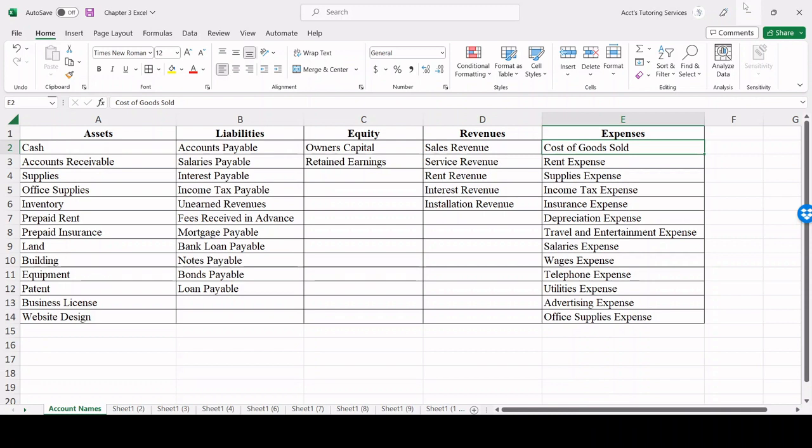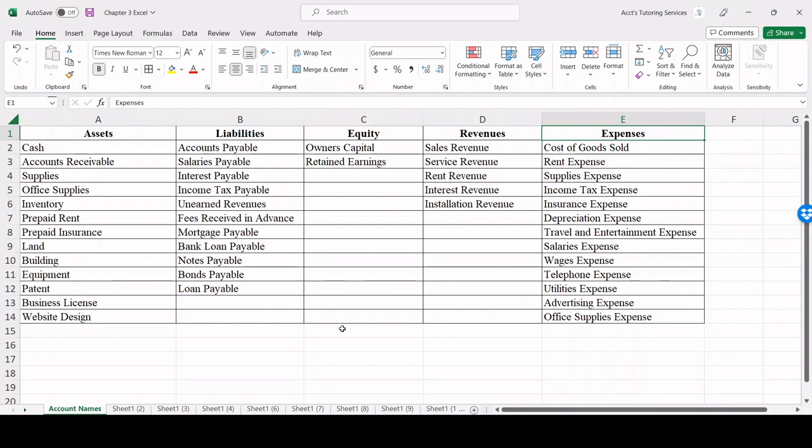The first video, I'm going to approach a little bit differently. This chapter's focus is mainly on the different accounts within the elements of the financial statements or the financial records. And remember, the elements are the main categories, which are assets, liabilities, equity, revenue, and expenses.